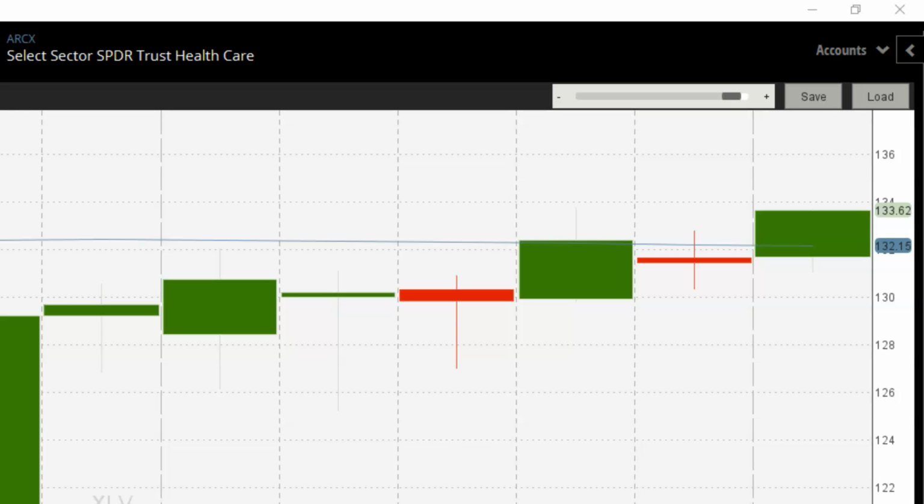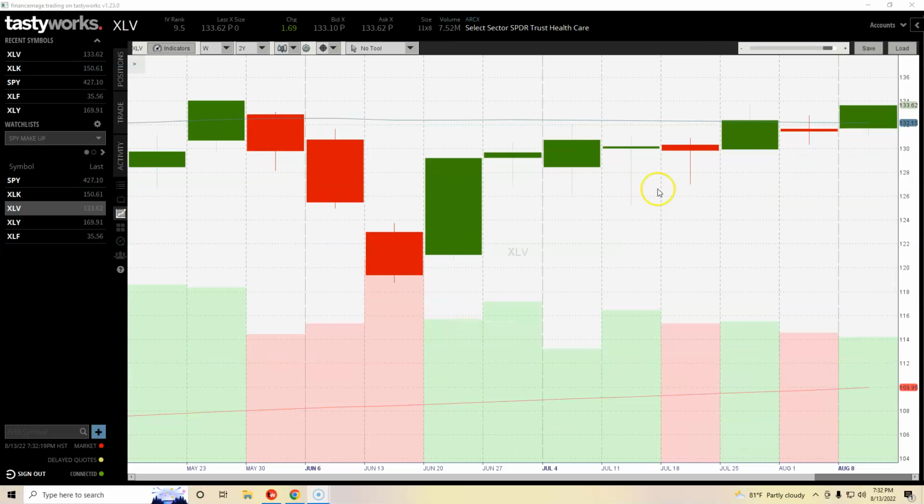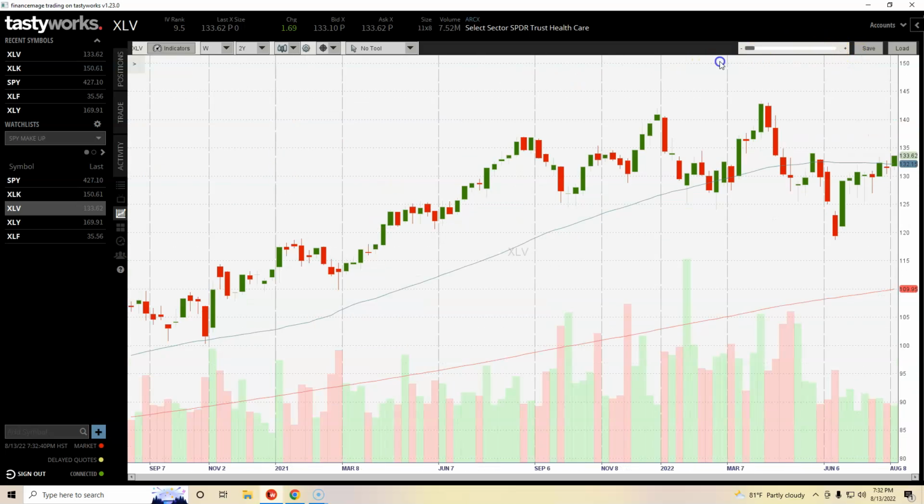It's like there's more tail than wick for sure, but it looks like just a little tiny bit. So this is one thing that we could do to verify that. Okay, it closed at 133.62. The high of the day was 133.69. So yes, we have a little tiny bit, but overall that is very bullish.